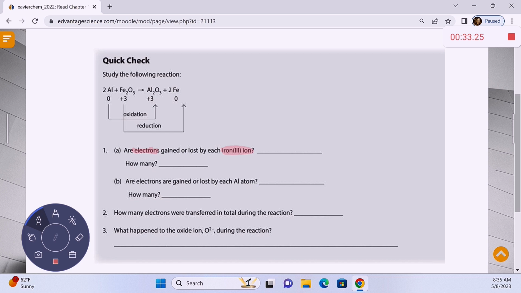Okay, so you guys are going from a +3 to a 0 oxidation number on iron. So it says it's reduced. Gain of electrons equals reduction, right? So here we are gaining.